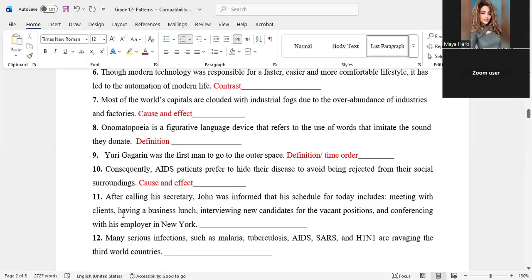Meeting with clients, comma, having a business lunch, comma, interviewing new candidates. Yes, it's listing. And the last one: many serious infections such as malaria, tuberculosis, AIDS, SARS, and H1N1. What's this? Listing.